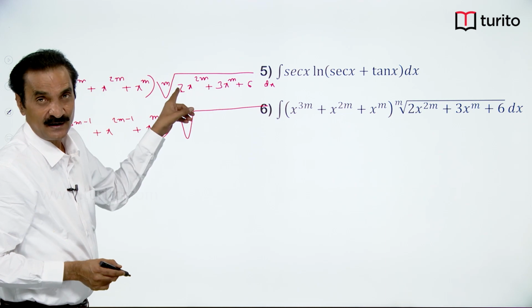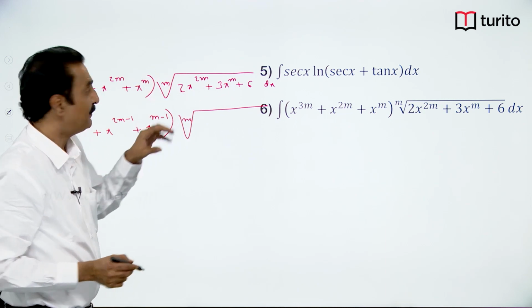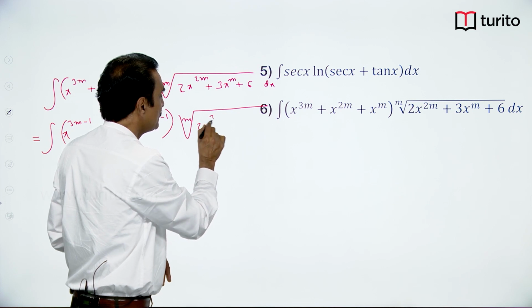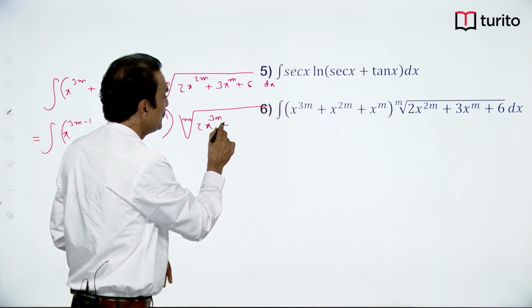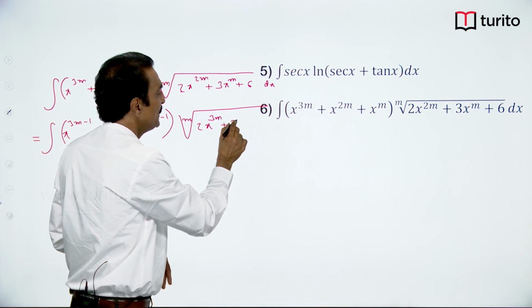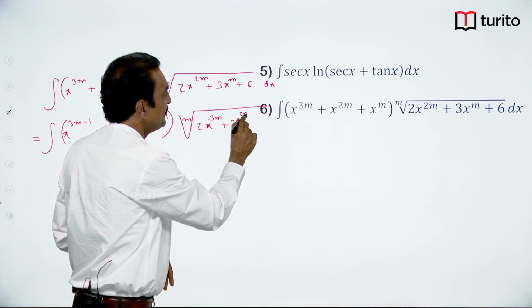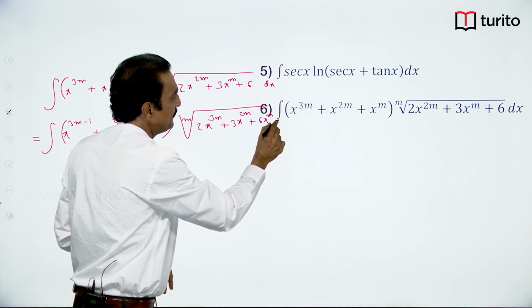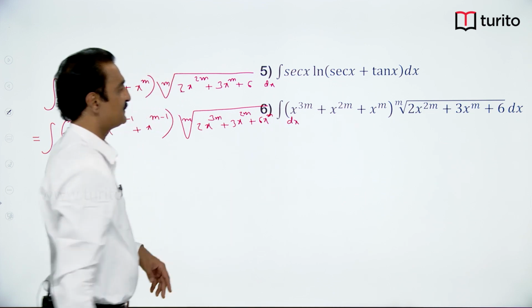So, we have to multiply this by x power m. This into x power m will be 2 into x power 3m plus 3 into x power 2m plus 6 into x power m, dx.